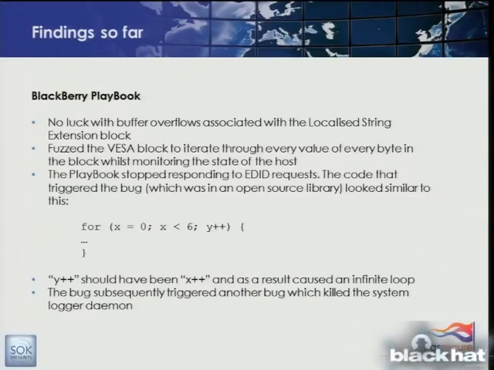The initial bug has been fixed by RIM, but this secondary bug that killed the logger daemon hasn't been resolved yet. It does seem to be HDMI specific in some way, in that they haven't managed to kill the logger daemon by any other means, trying to replicate what happens as a result of this infinite loop.